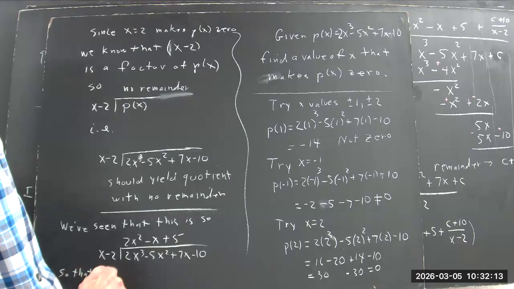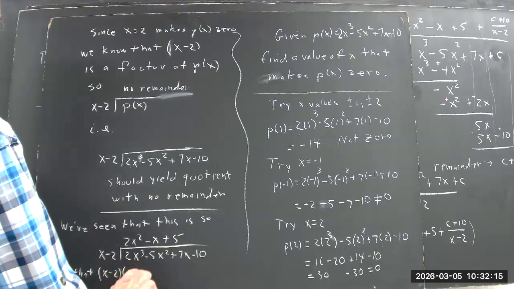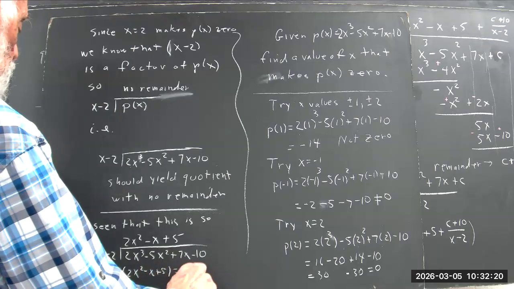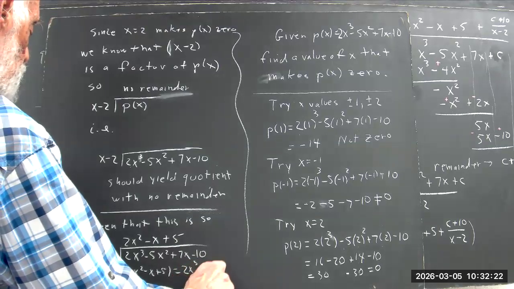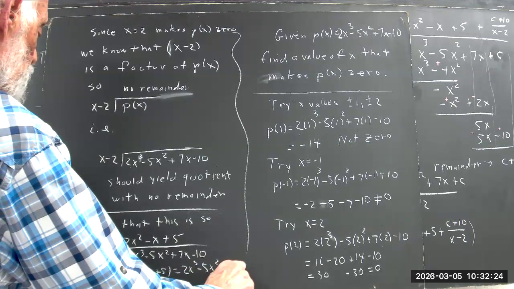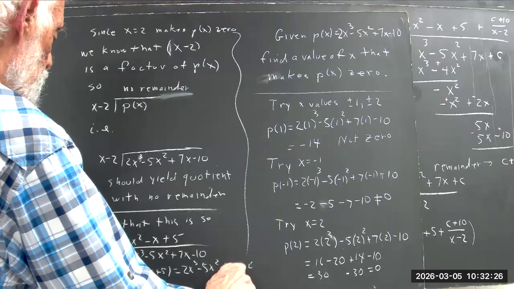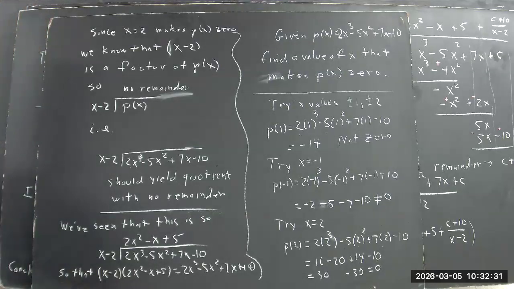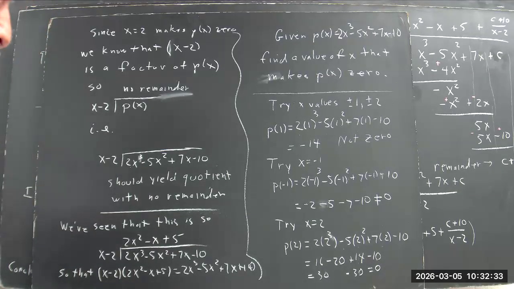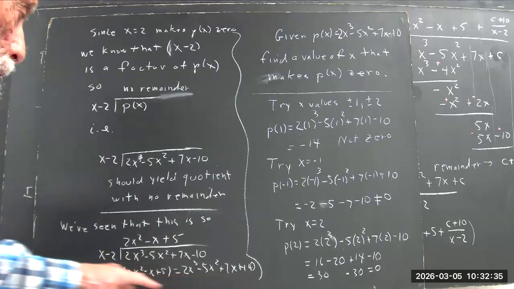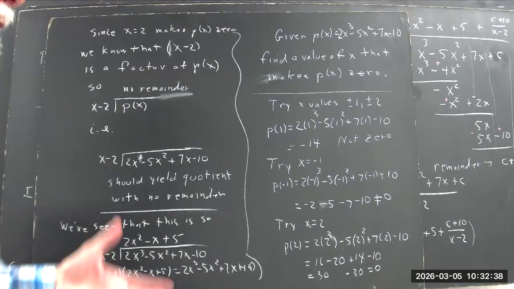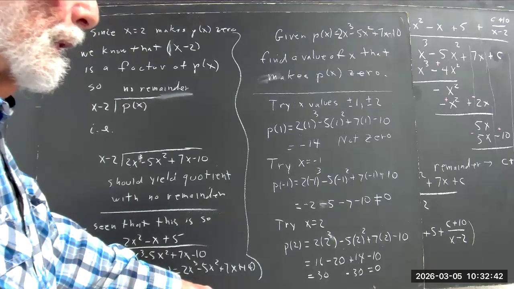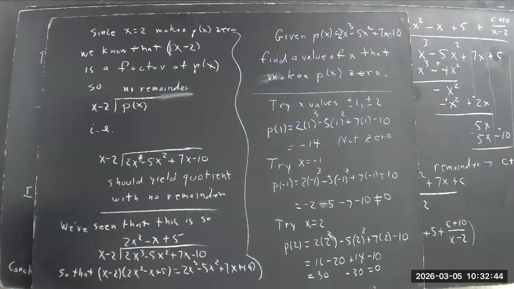So that x minus 2 times 2x squared minus x plus 5 equals 2x cubed minus 5x squared plus 7x minus 10. Then we can write this like so, set it equal to 0, and do what we've already done, find a 0 of the polynomial and get some idea about its graph.